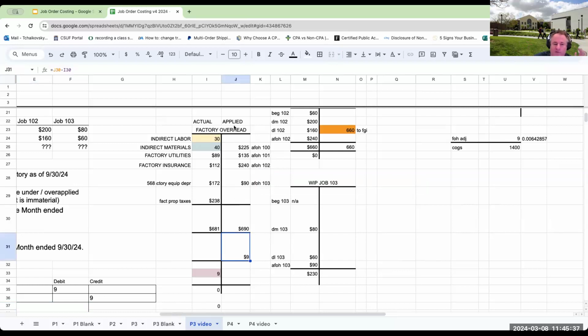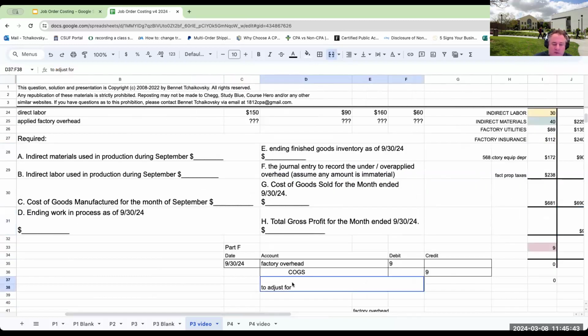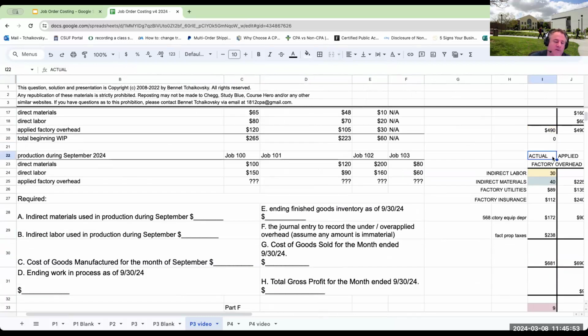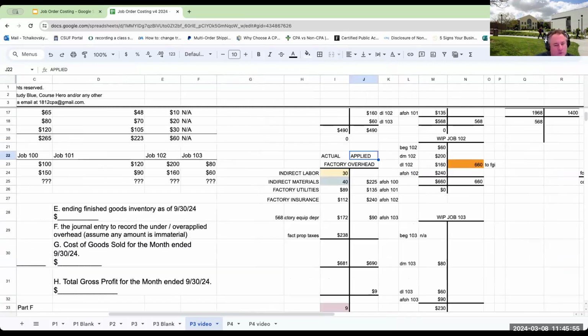Because the applied exceeded the actual by 9, this is going to be to adjust for over applied factory overhead. This is why it's so important that when you label the factory overhead account, you put the actual on the left and the applied on the right. So the journal entry to do this is see below.